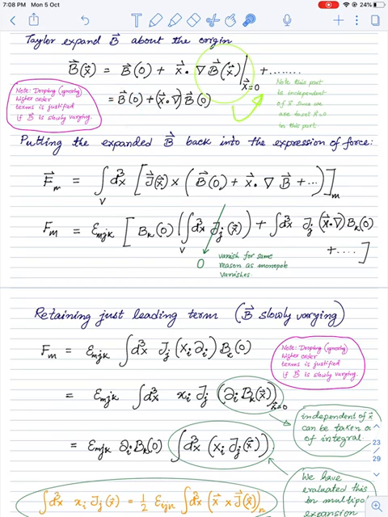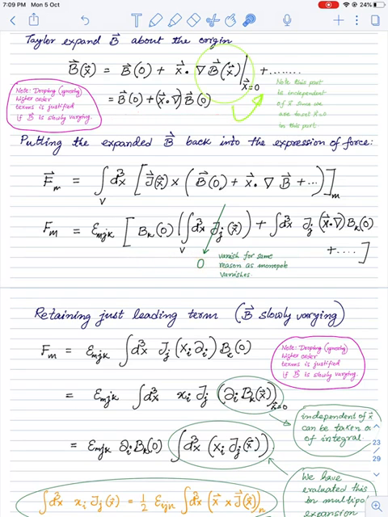So this first term, this B naught, will have no effect. No force will be exerted because of the leading term in B naught when we do the Taylor series expansion. Only if the magnetic field is varying and there is a non-zero derivative of the magnetic field near the conductor can the current carrying configuration experience a force.